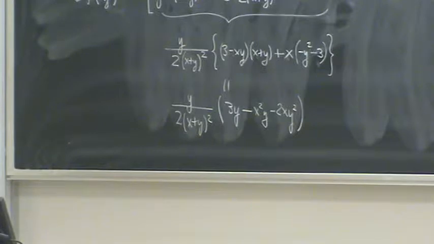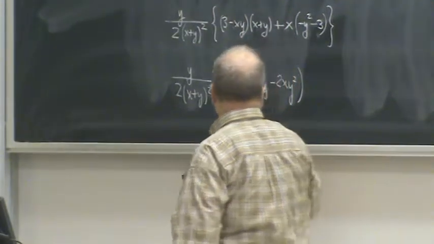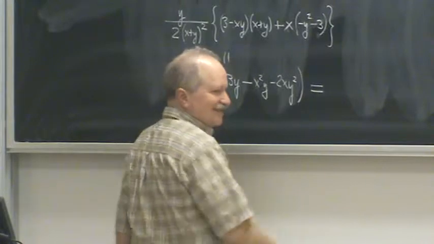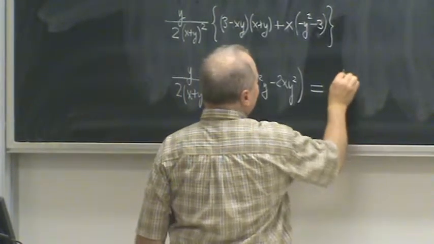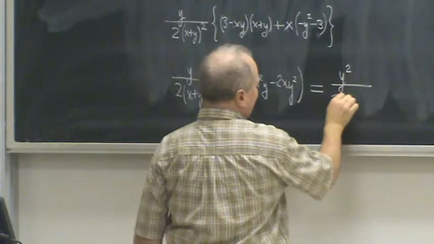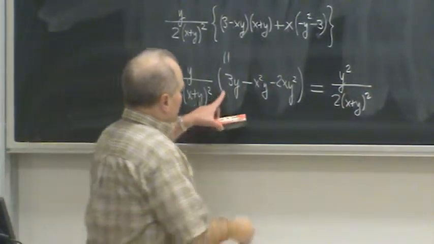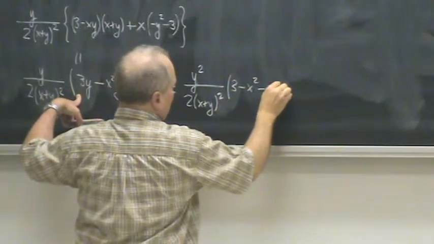Wait, can we take a y out of that? Yeah, we can indeed take a y out of this. Why not? Well done. So I'm left with 3 minus x squared minus 2xy.